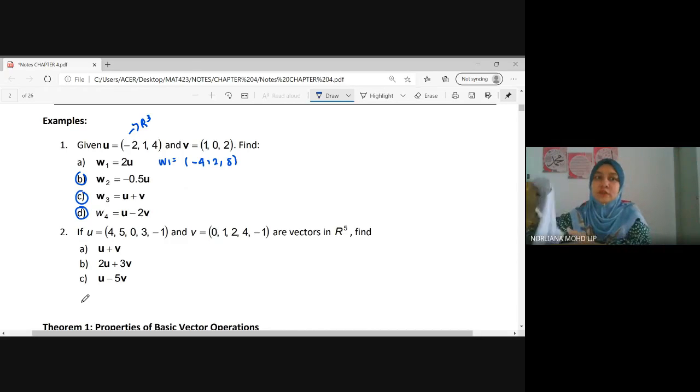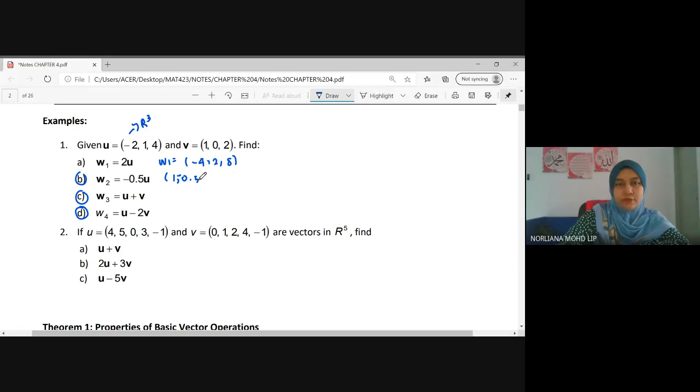So the answer for b is negative 0.5, negative 2. And number c, negative 1, 1, 6. D, negative 4, 1, 0.